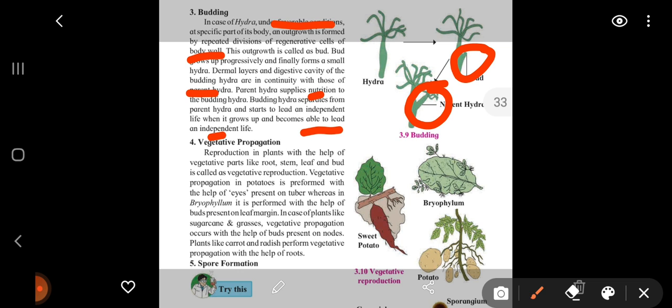As it grows, it detaches itself. Now it's able to lead its own life. So the bud at first takes all the nutrition from the parent hydra, and then it detaches itself and forms a new hydra. This is how budding takes place in multicellular organisms, and you have to remember the example of hydra over here.